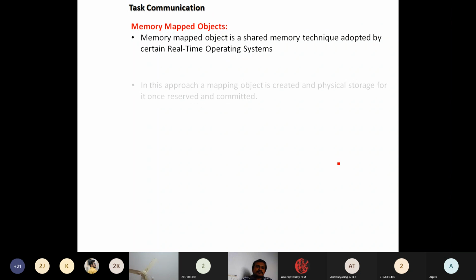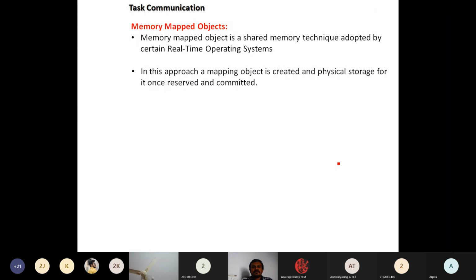In this approach, a mapping object is created and physical storage for it is reserved and committed. This much memory is utilized by the two processors, and it is kept in the fashion of a virtual memory or an object.